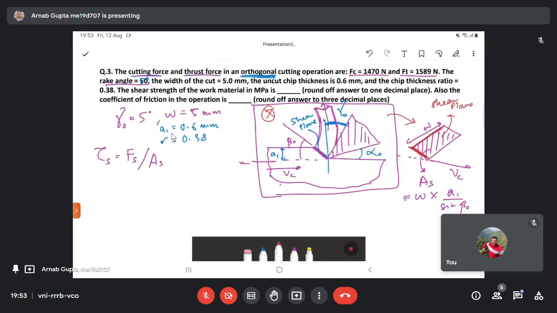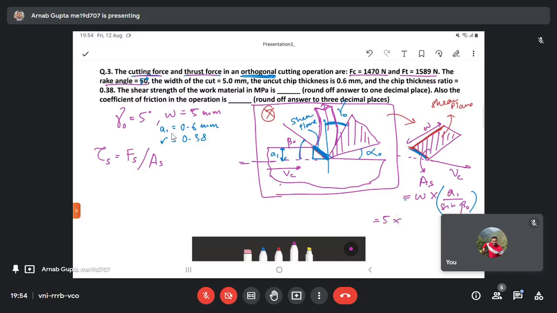In this diagram, it's just this particular edge here into W. You can calculate this from A1, which is this one, and this is beta naught. In this triangle, if you focus, you will get A1 by sine beta naught as this particular dimension, into W, will give you the shear area. Okay.